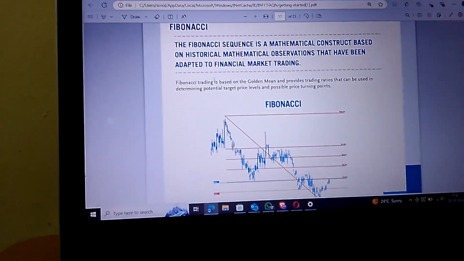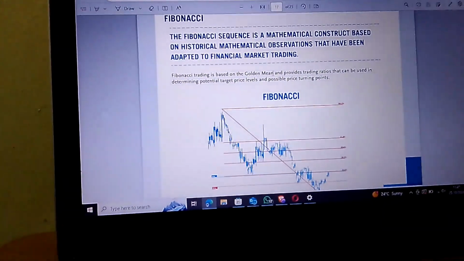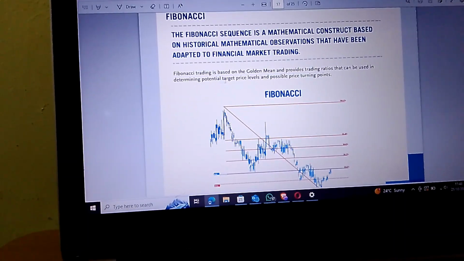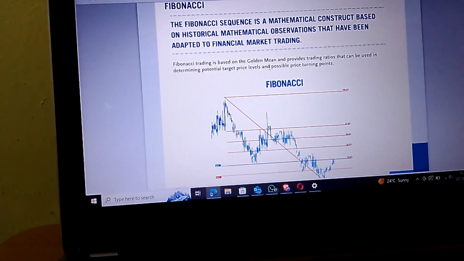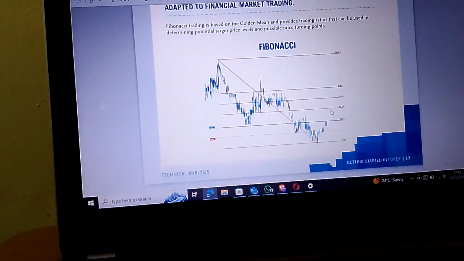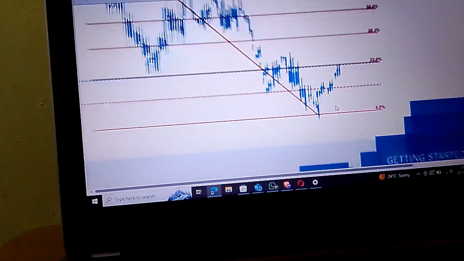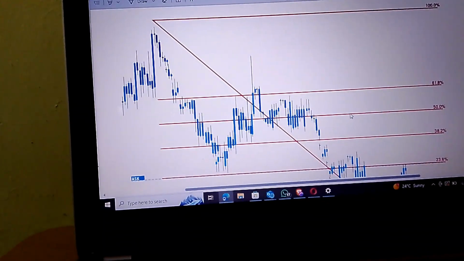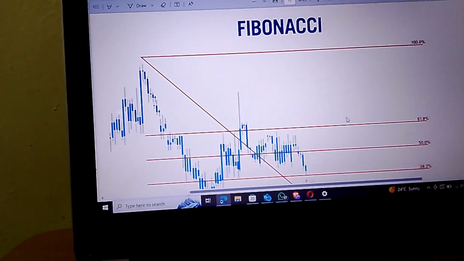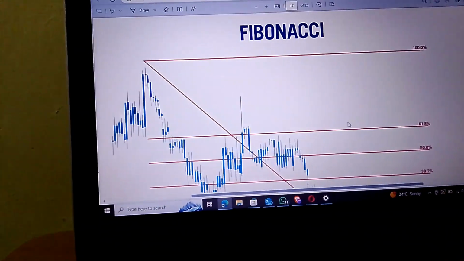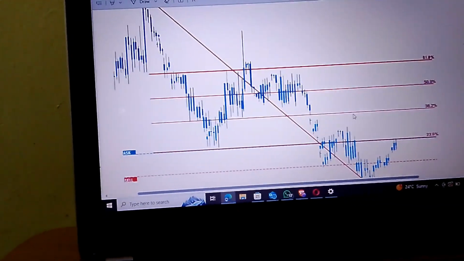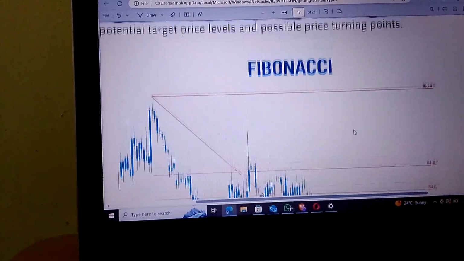Here, Fibonacci trading is based on the golden mean and provides trading ratios that can be used in determining potential target price levels and possible price turning points. I'll dedicate one video to Fibonacci, and then we'll understand Fibonacci curves perfectly, then relate it to trading, and then continue with the other videos.